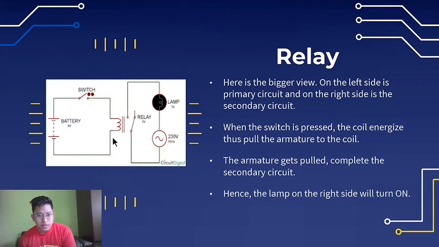When there is a supply voltage to the coil, it will magnetize and thus pull the armature from here to the contact. When the armature is pulled to the contact, the secondary circuit will complete. So that is the basic operation of a relay and how it works. Thank you.